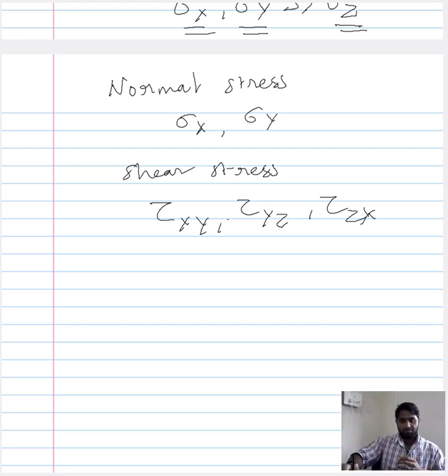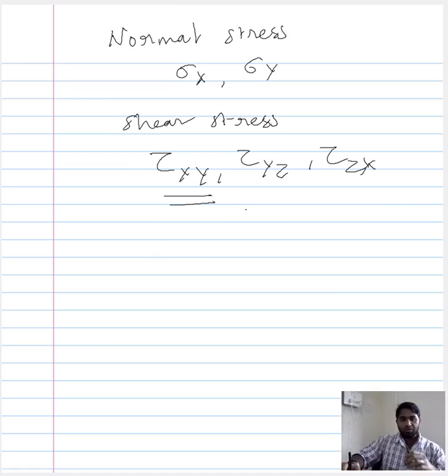So we have 3 shear stress components. Let us begin by considering the first component, that is xy. This shear stress component xy is acting on the x plane along the y direction.